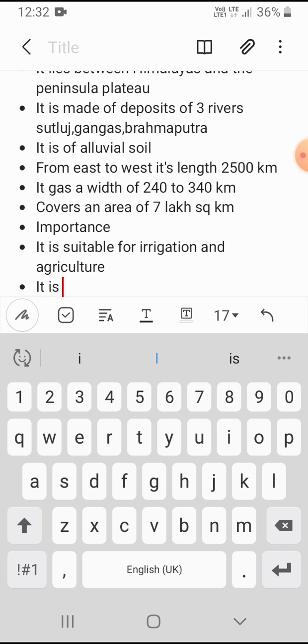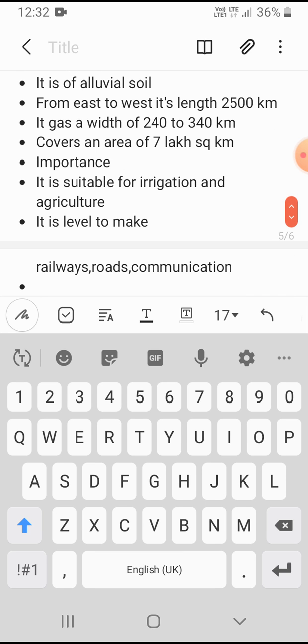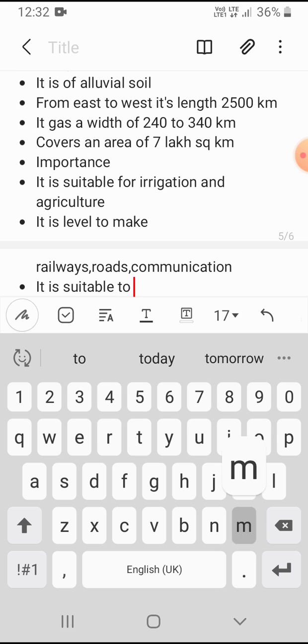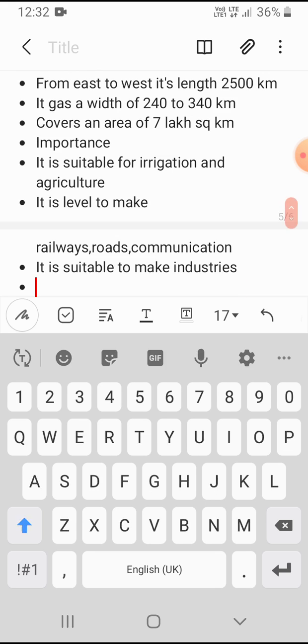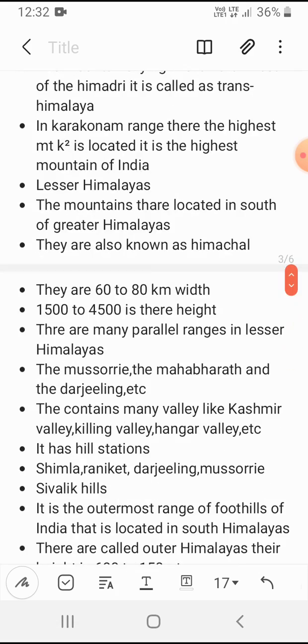It is level, which is suitable to make railways, roads, communications, and industries. So these are things we can do in the northern Great Plains.